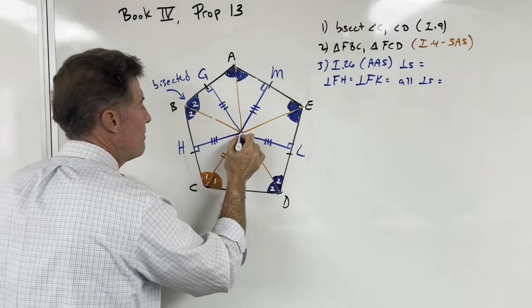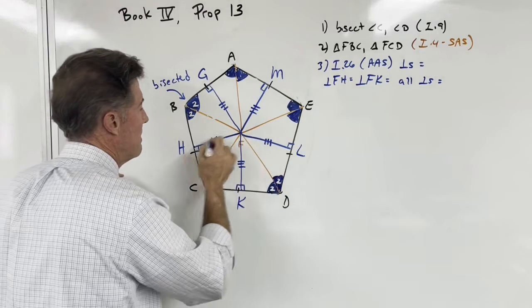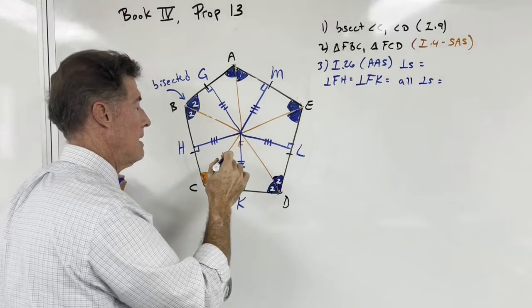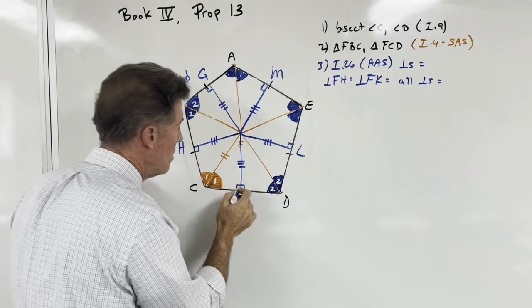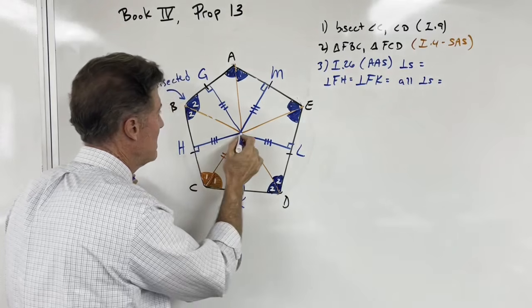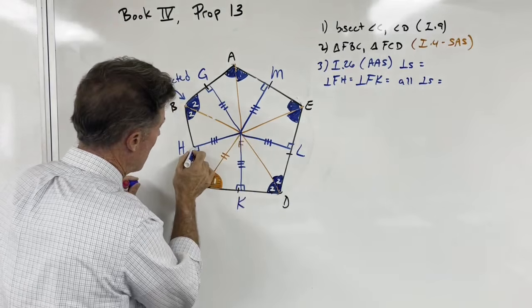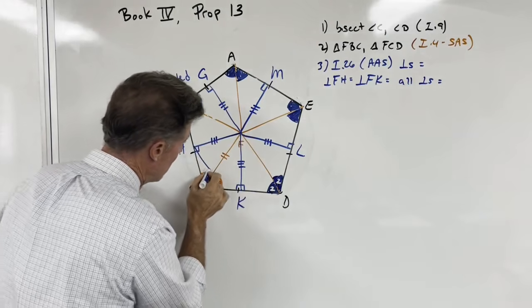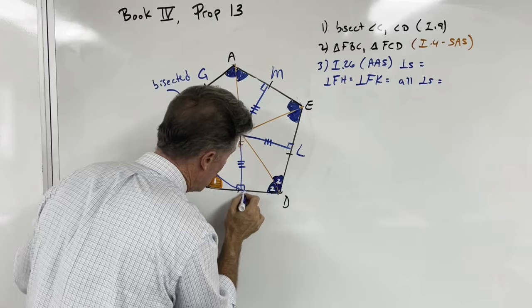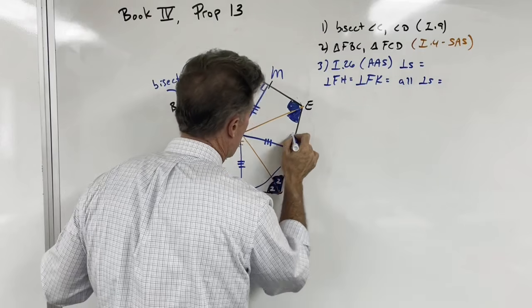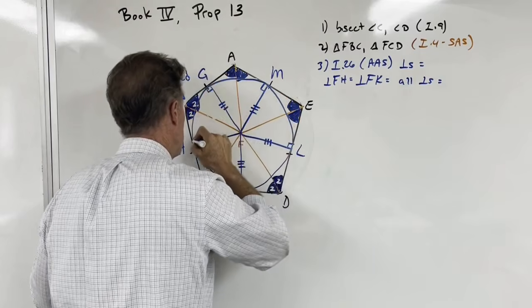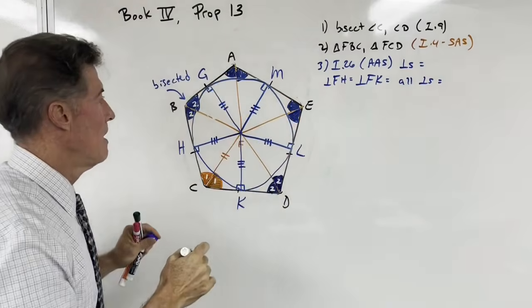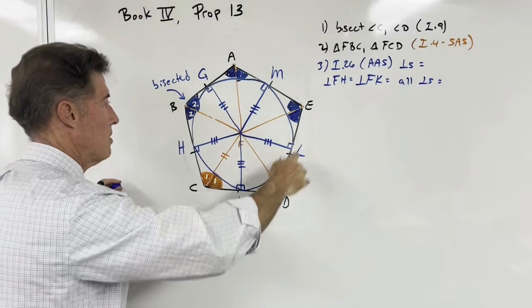Which means if we pick F as our center and any one of these perpendiculars as a radius, the circle described will go through each one of these points. So let's take FH as our radius. The circle described will go through point K, L, M, and G, H. So let's describe that circle.